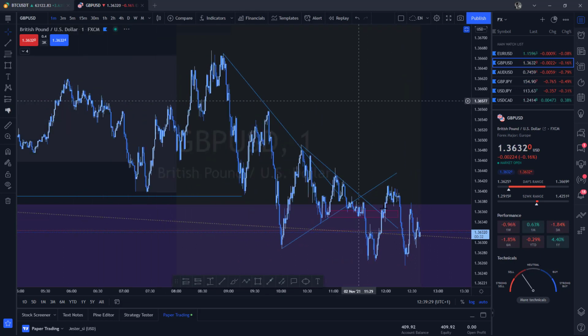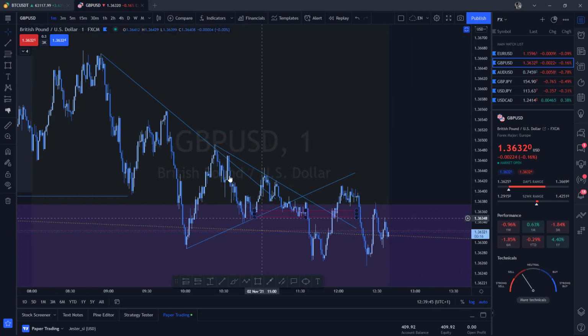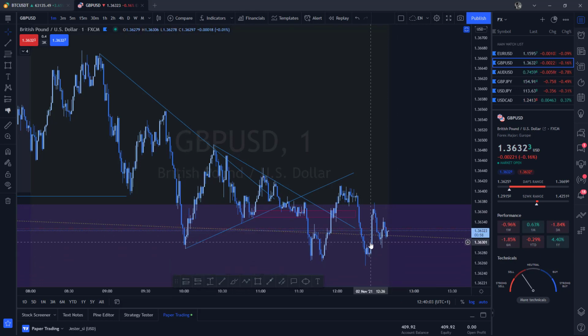First of all, this was the major move from the start of London, 2 swing downs, and then consolidation, the break of the first trend line here, making some roughly equal lows here, the break of these lows to take liquidity also from this low here. Now back again in consolidation.